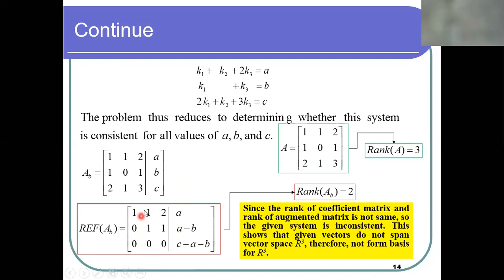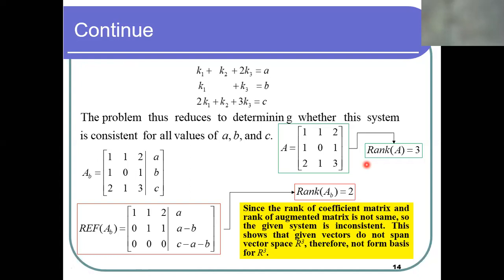If you reduce this in terms of the ki's, then one ki must depend upon the other ki's. In that case, the ki's values depend not only upon a, b, c, but also upon the other ki's. If the ranks are different, then the values k1, k2, k3 depend upon each other.